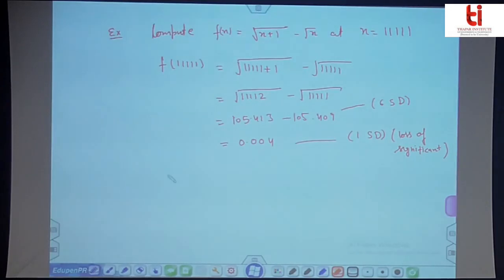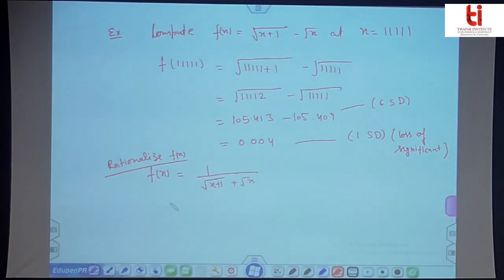So if we modify this function as we have done in the previous chapter for loss of significance, we rationalize f(x). What are we getting? We are getting under root x plus 1 plus under root x.